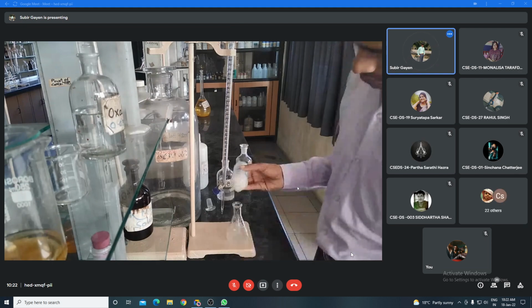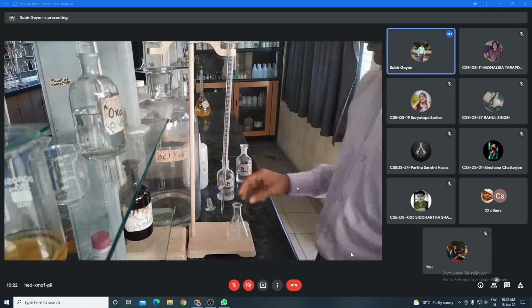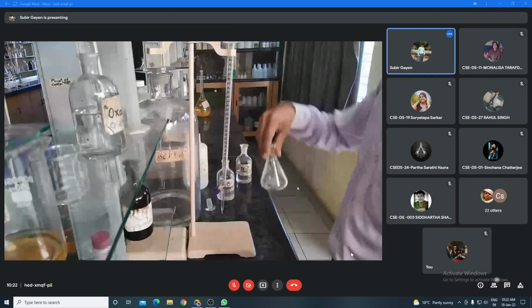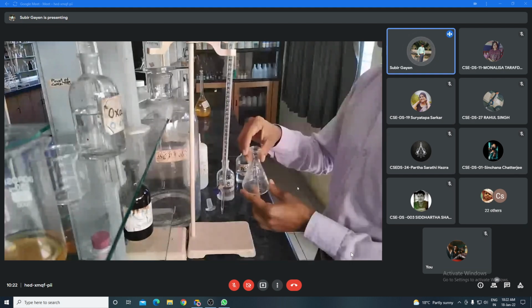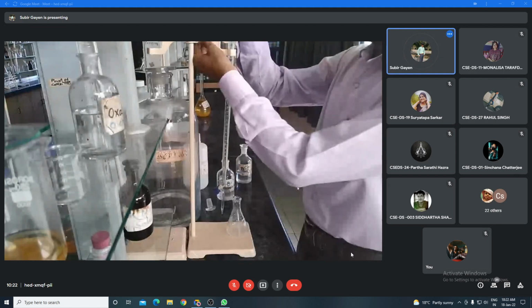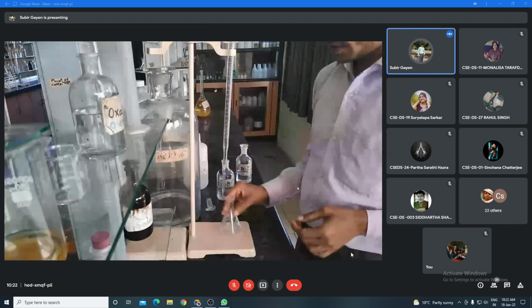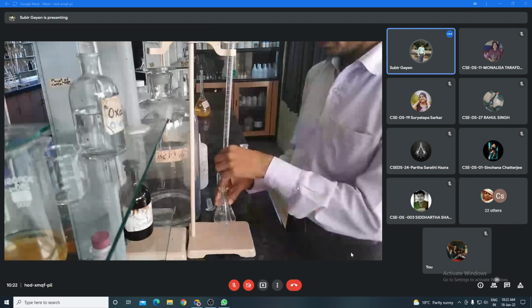Okay. Initially it is a colorless solution because it is acidic. So now you have to titrate this solution with the sodium hydroxide solution which is filled in the burette.